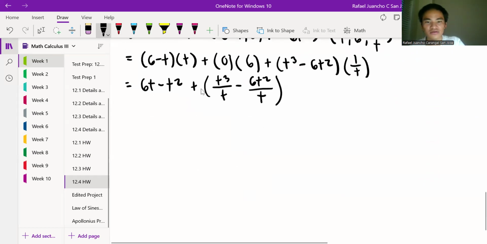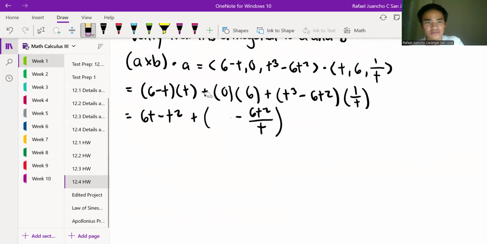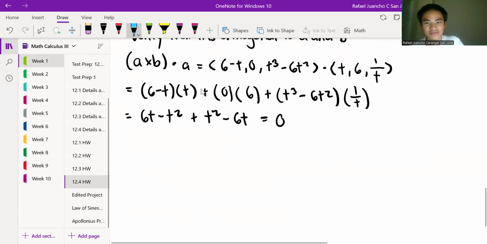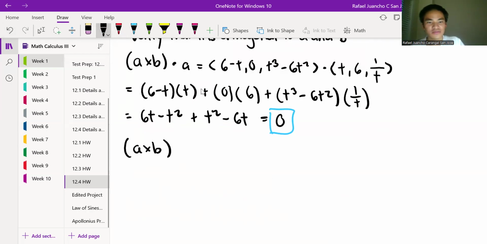Now I can actually simplify that. This is t squared. This is 6t. So t squared minus 6t. Oh, would you look at that? This is 0, because if you add these two terms, t squared minus t squared is 0, 6t minus 6t, you basically get 0. So that works.